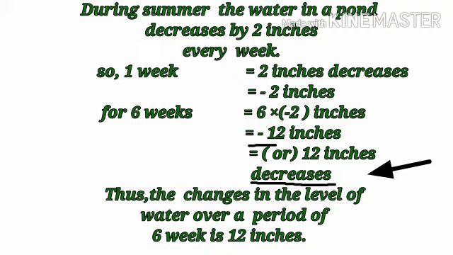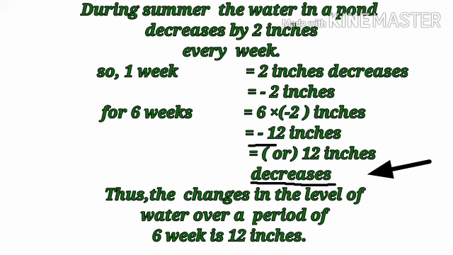Students, do you understand? Write down. During summer, the water in a pond decreases by 2 inches every week. So, for 1 week is equal to 2 inches decrease. For decrease, it is represented as minus 2 inches. For 6 weeks, what will we do? We have to multiply 6 with minus 2 inches.